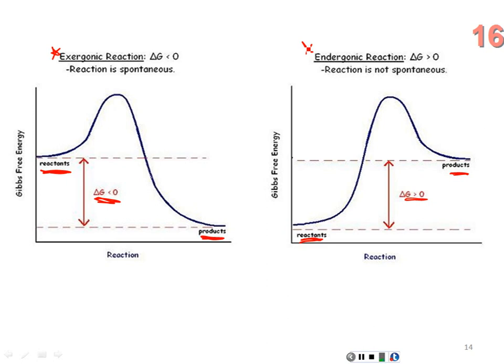Another way you can think about this, another analogy, is in terms of a bank account. So if your bank account is up here at the beginning of the month and is down here at the end of the month, that would be a spontaneous process. Why? Because you need money to eat, you need money for rent, you're going to naturally lose money.